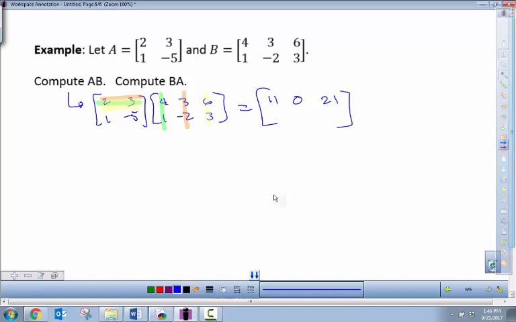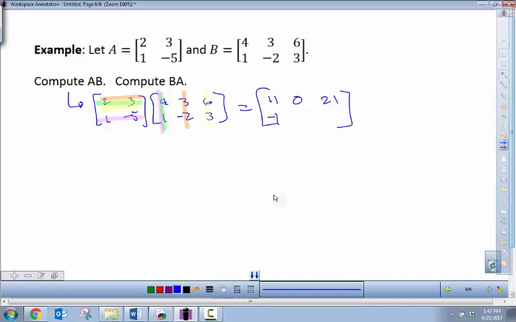So now let's take a look at the second row and the first column. Second row, first column would be my 2, 1 slot. It'll be 1 times 4 plus negative 5 times 1. That's negative 1.